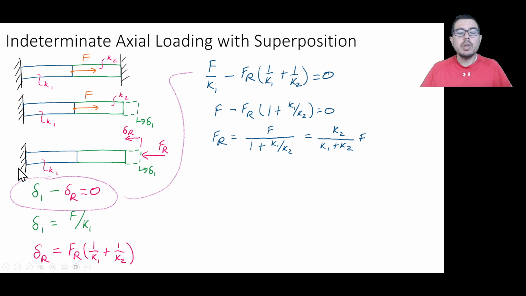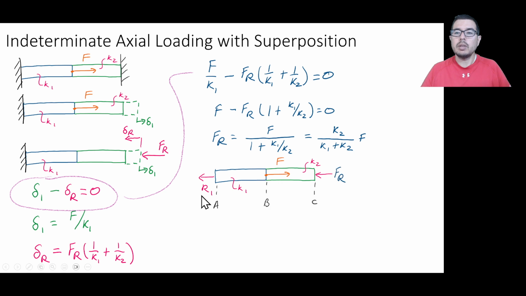If we want the force on the left side acting on the system, we can go back to external equilibrium on the entire system, where we have our R1, we'll call it, acting, and we can pick a direction, but let's say it's acting to the left. We have our external force acting in the middle, and we have the FR that we just calculated.